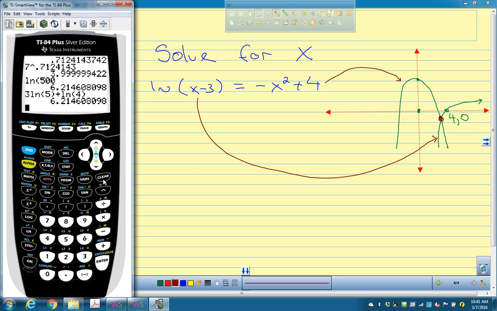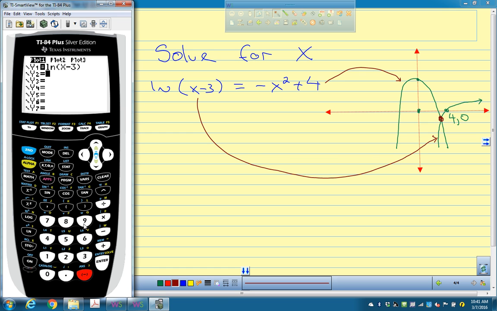Okay. So if you did this, you would go to your y equals. You would graph y equals ln of x minus 3. But it's good to have an idea, know what you're looking for before you graph it, so you don't come up to me during a test and say, my calculator's broken, I don't know what's wrong with it, okay?